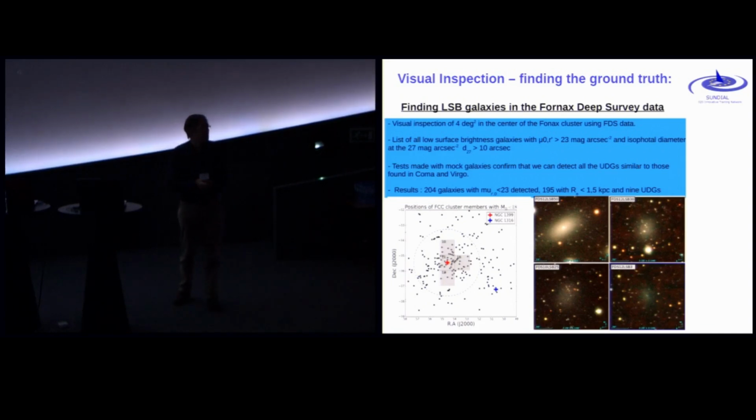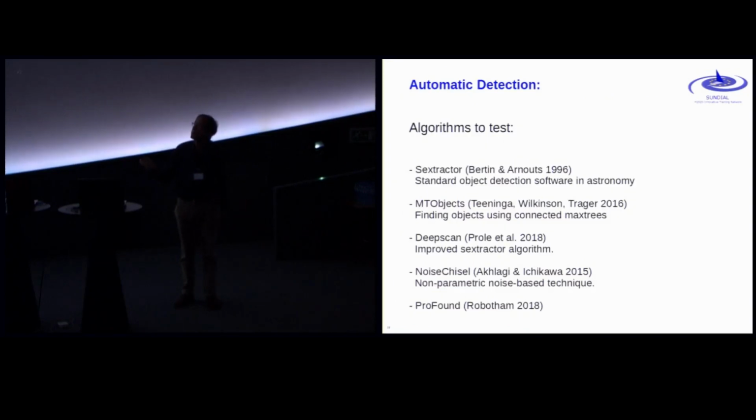And at the moment we are testing algorithms. The first one is of course the SExtractor algorithm, which is generally used in astronomy by, I would say, 90% of astronomers who find objects. It is also very nicely documented and so on. Of course, it's not built for faint object detection. Then there is a tool, the code is MTObjects by Wilkinson, basically, which was published in 2016.